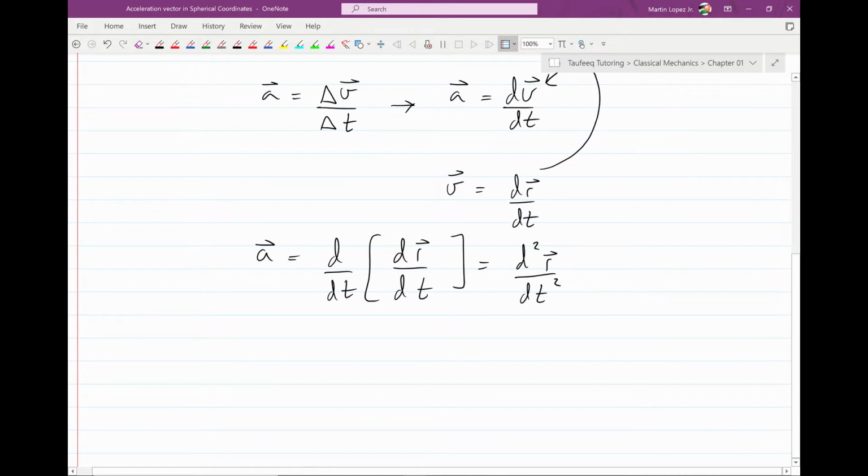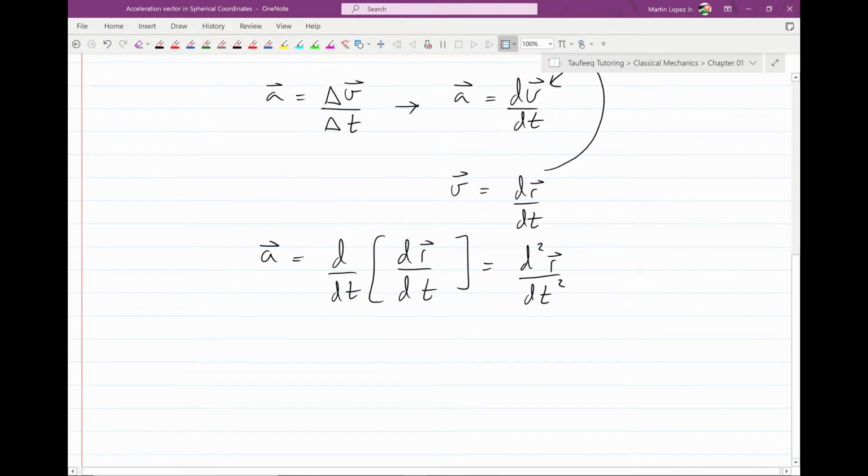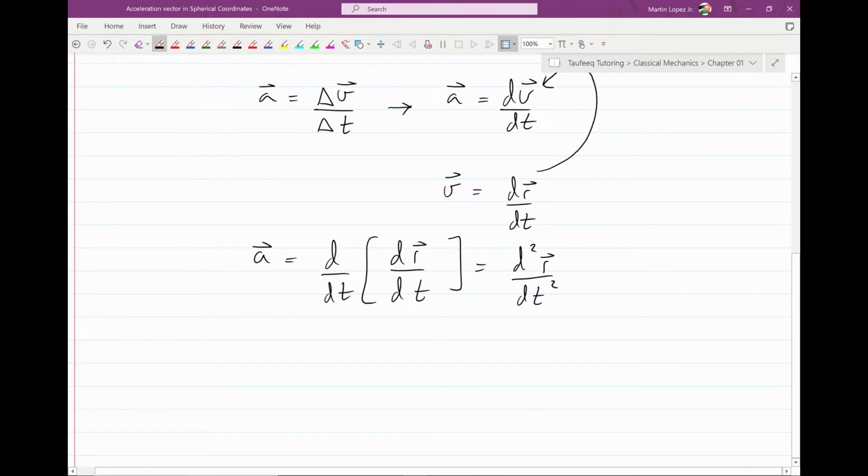Now, throughout this video, and we're mainly basing all of our work off of Taylor's textbook, Classical Mechanics, we will be adopting the dot notation. That means that every dot above the vector is equal to a derivative with respect to time. So a second derivative is going to have two dots. So the acceleration vector is the second derivative of the position vector with respect to time.